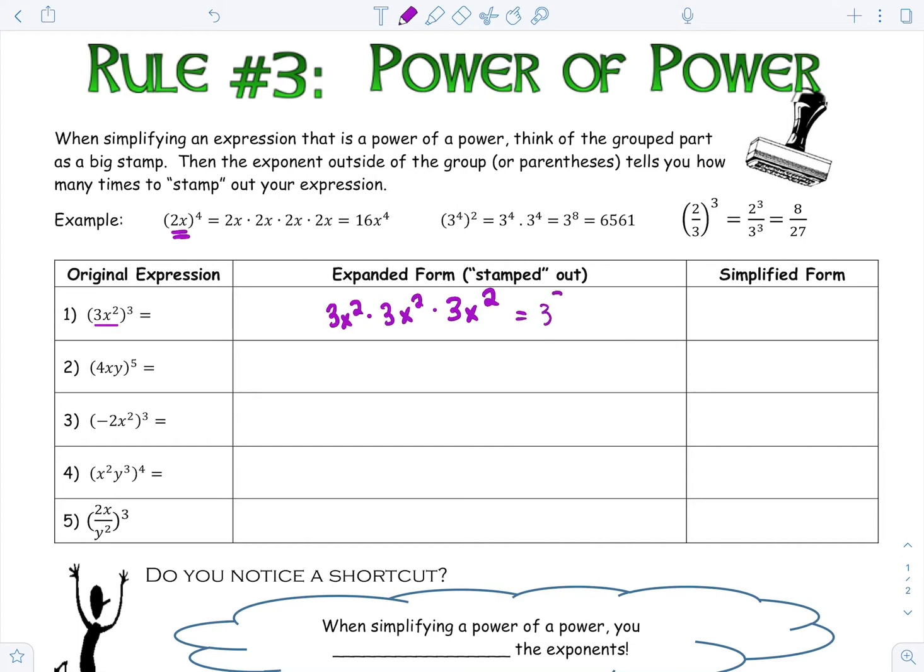Or 3 cubed times x to the power of 2 plus 2 plus 2, which is 6. So that's 27x to the 6.